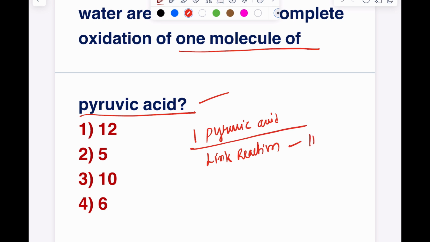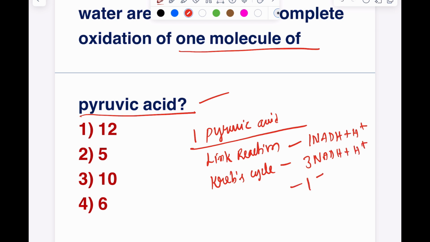In link reaction, 1 NADH plus H molecule. In Krebs cycle, 3 NADH plus H and 1 FADH2. Now total how many molecules? 1 plus 3 plus 1. Total 5 molecules.